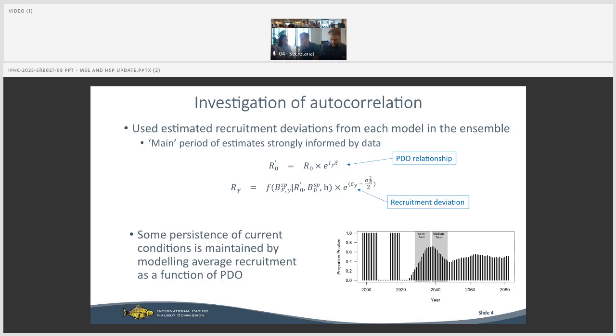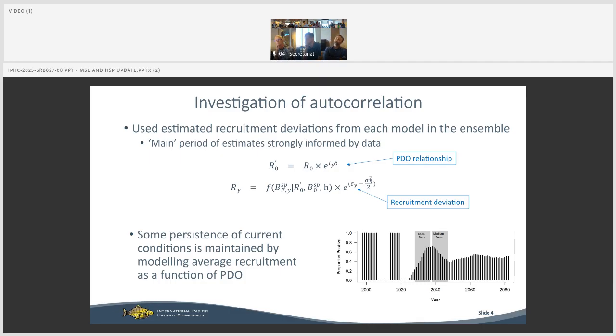So if current conditions are low, they're likely to remain low for the next little while as the projections go. And the way that the MSE handles the modeling of the PDO is basically a probabilistic switch from low to high or high to low, where the probability increases the longer the run is.